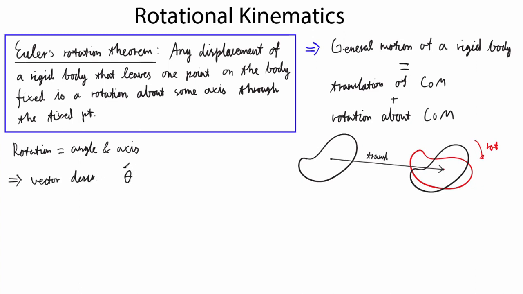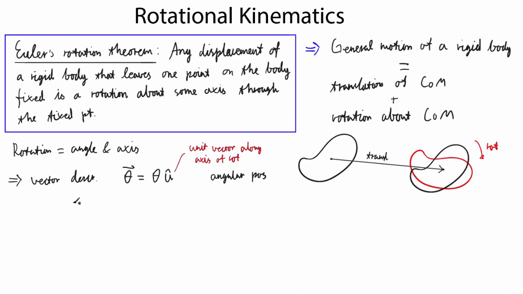We can take the vector theta, for instance. That's going to be the magnitude theta times u hat, where u hat is the unit vector in the direction of the axis. So this specifies angular position.